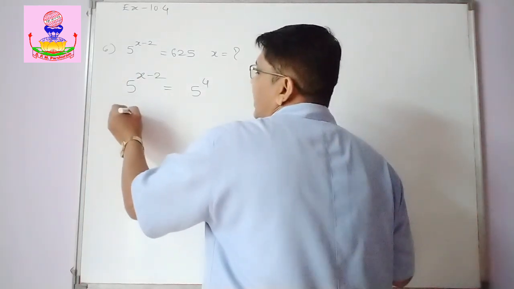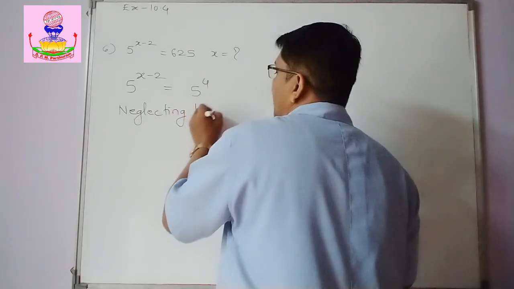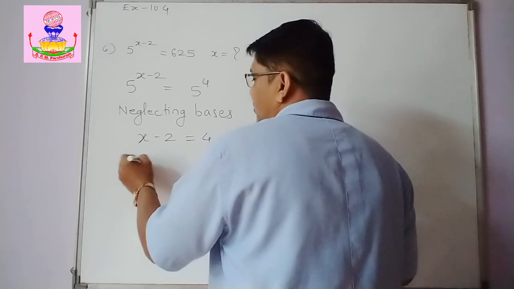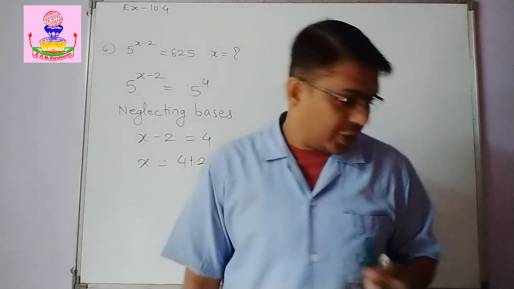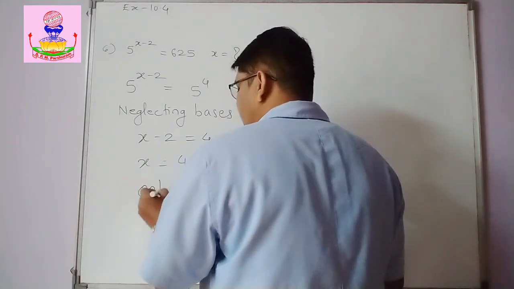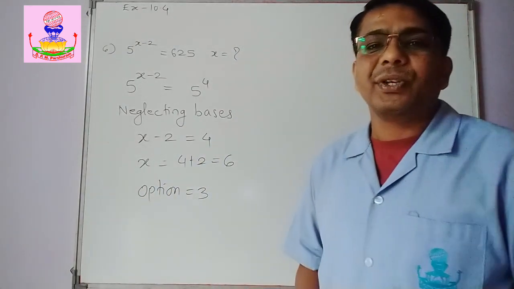Neglect the bases, compare the powers. So what you get? x minus 2 is equal to 4. So x is equal to 4 plus 2, that is 6. So option third is the right answer.